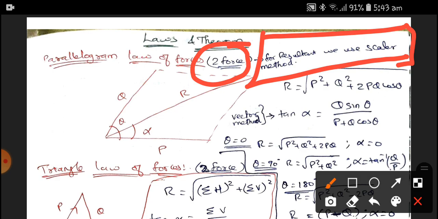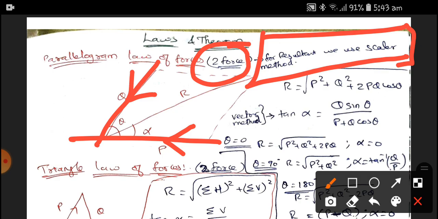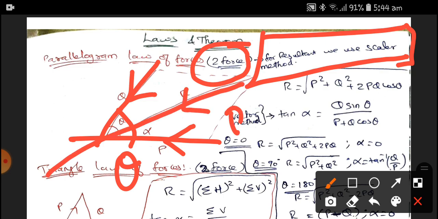It illustrates that when two forces, say P and Q, are acting on a rigid body, and P and Q are considered as sides of a parallelogram at an angle theta, then the diagonal is the resultant of these two forces, acting at an angle alpha from the horizontal plane. This is the parallelogram law of force.